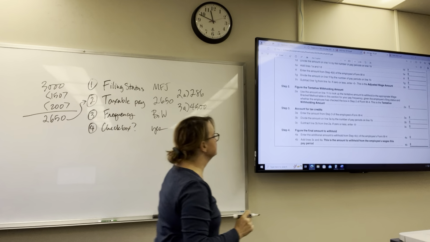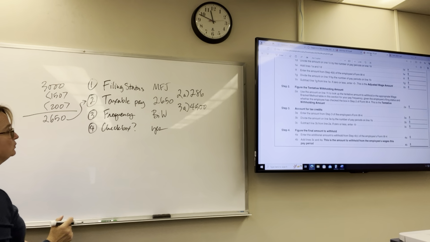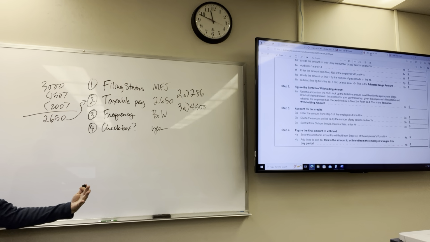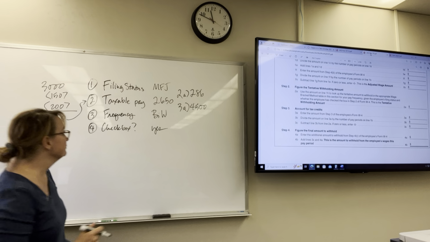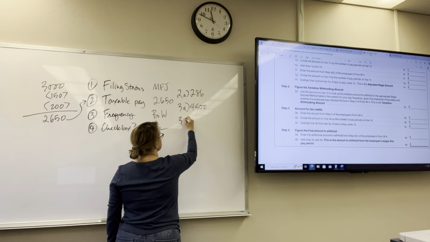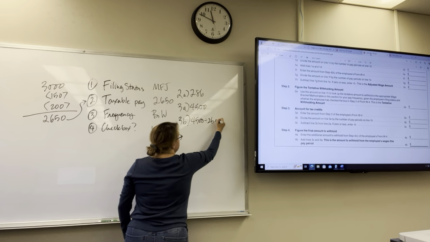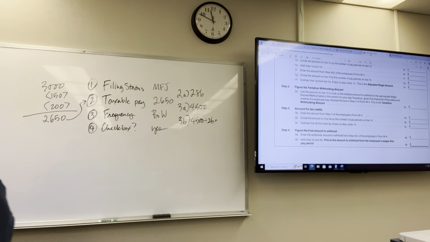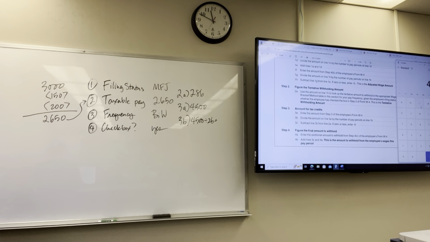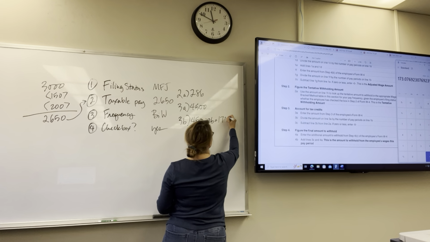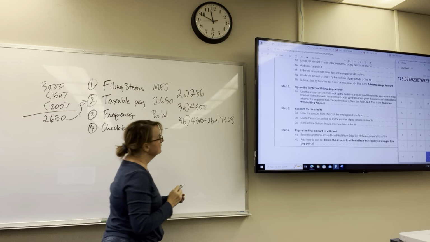Divide the amount on line 3A by the number of pay periods on line 1B. We said it's biweekly, so that would be 26 pay periods. So we'll take the 4,500 divided by 26. $173.08. All right.